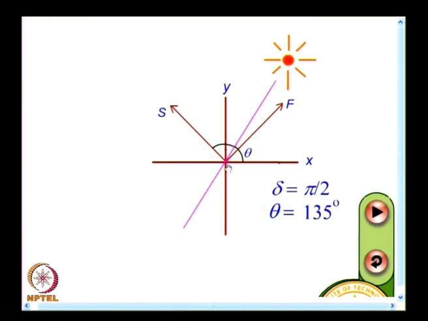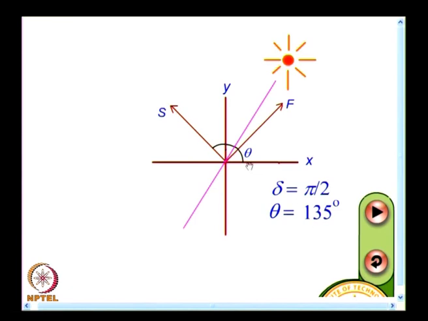So, what I have here is the reference axes x and y. I have a quarter wave plate with slow axis, and when I show theta, I show the reference from the horizontal to the slow axis. Theta is the angle of the slow axis, and fast axis is represented here. So, when I have a quarter wave plate oriented at 135 degrees, I write delta equal to pi by 2, theta equal to 135 degrees.